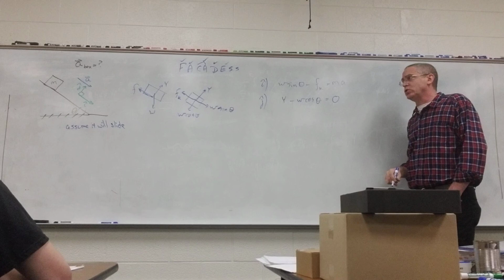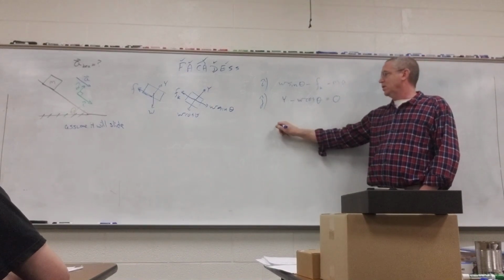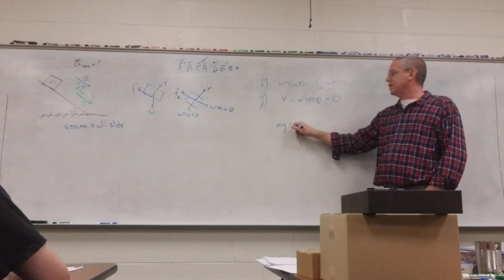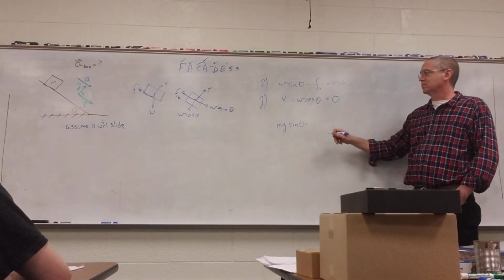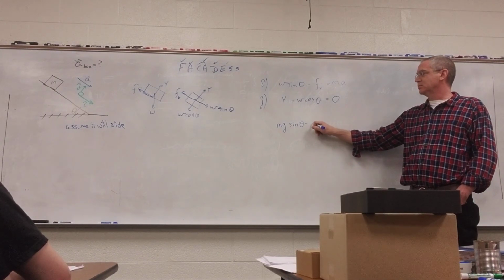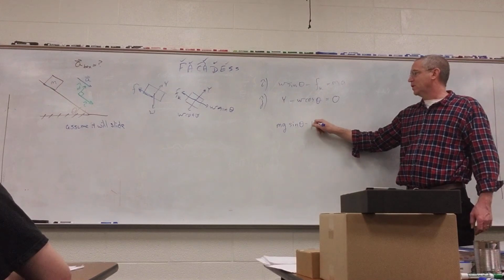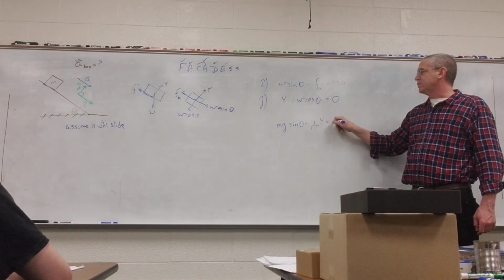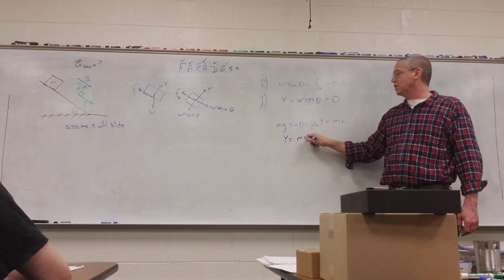Substitution. For what do we have a formula? mg for weight. All right, so we have mg sine theta minus, we do have a formula for kinetic friction. That's the coefficient of kinetic friction times the normal force. Yep. So mu K N is equal to mass times acceleration, and then N is equal to mg cosine theta.